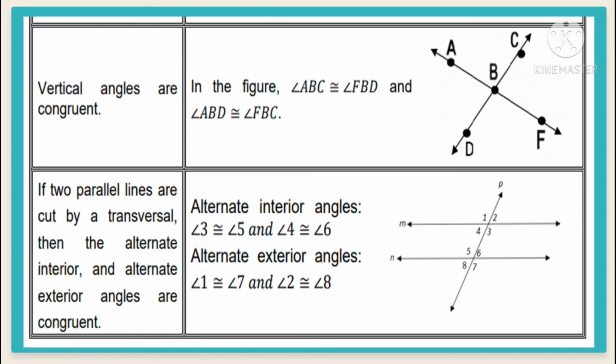Let's see this illustration. Angle 1 plus angle 8 is 180 degrees, and angle 2 plus angle 7 is also 180 degrees.